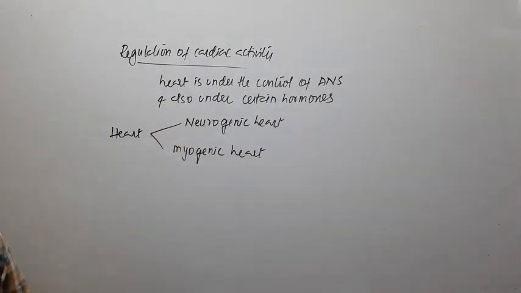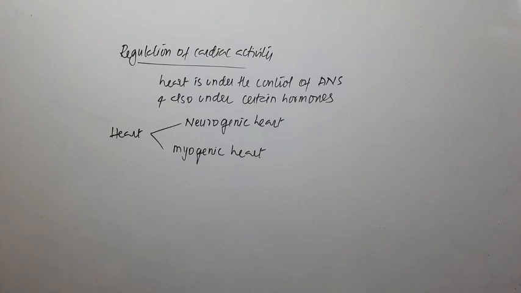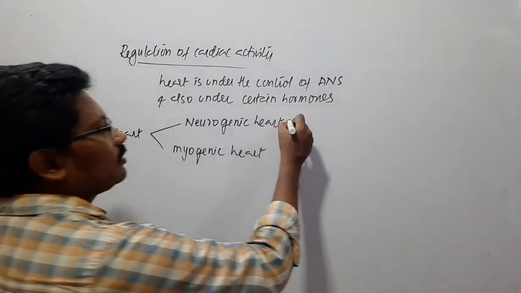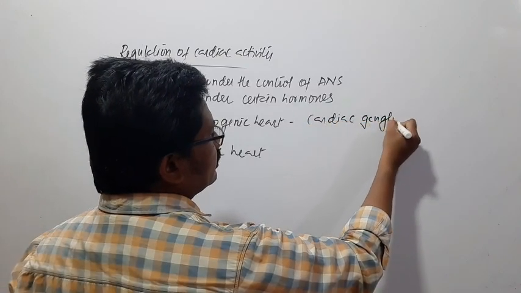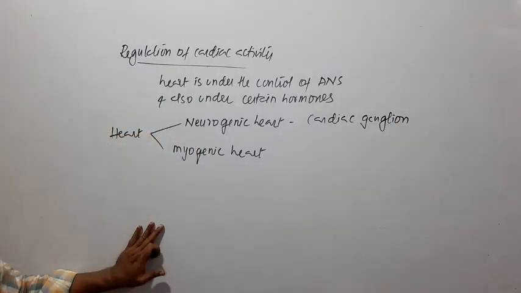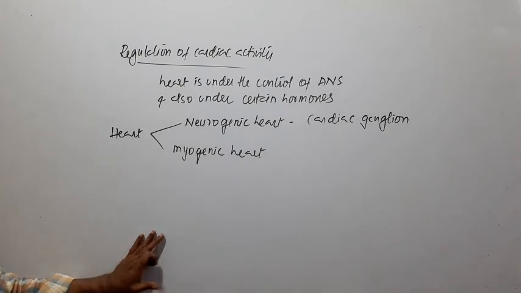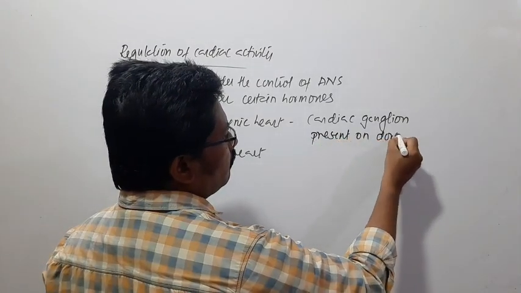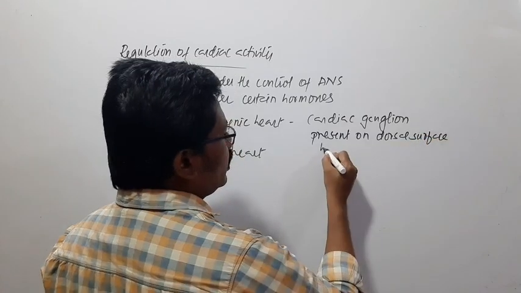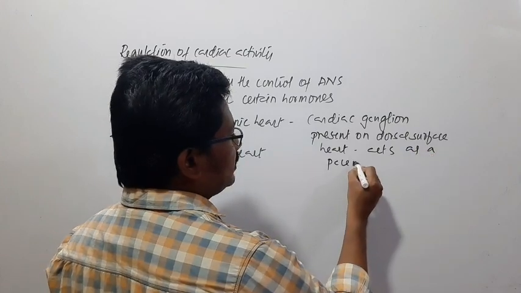Those organisms that have a neurogenic heart have something called the cardiac ganglion. This cardiac ganglion is present on the dorsal surface of the heart and acts as a pacemaker.